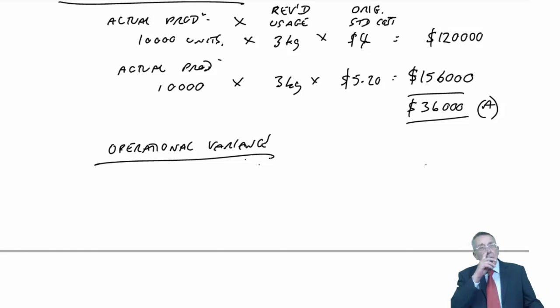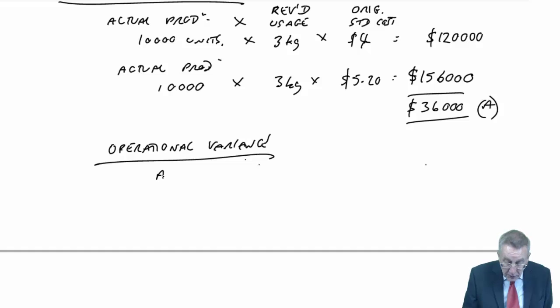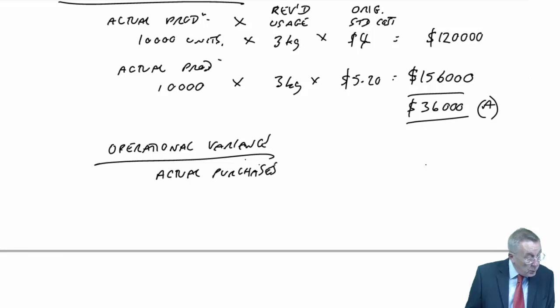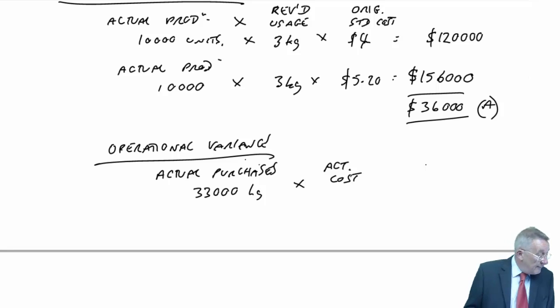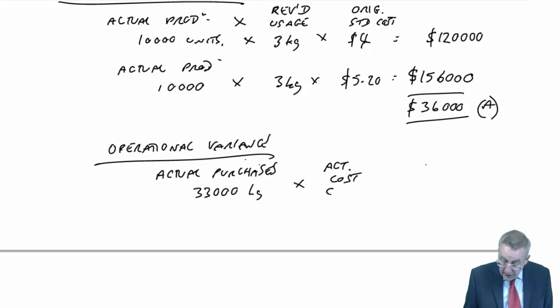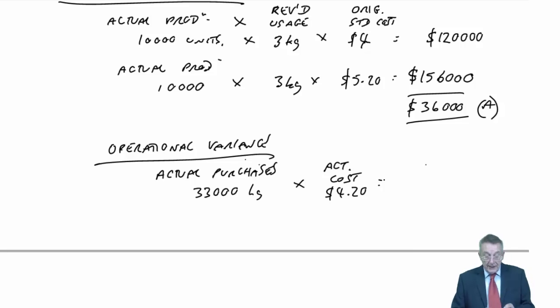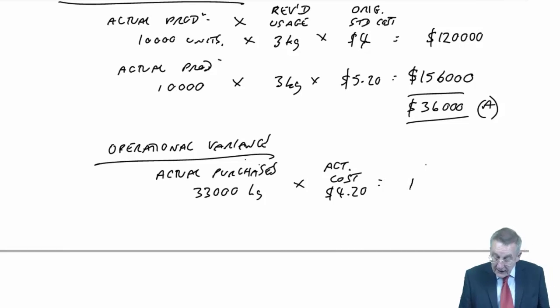And so we take our actual purchases, which were 33,000 kilos, at actual cost, which was $4.20 a kilo, so in total we actually spent 138,600.